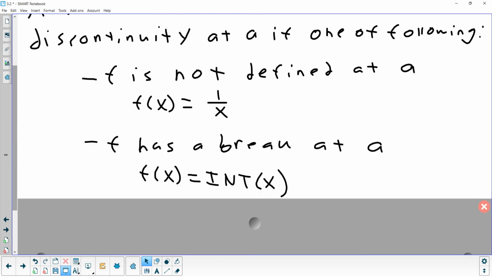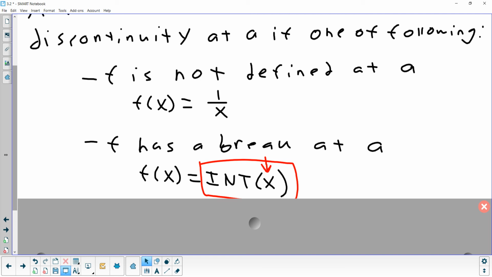The other way you can have a discontinuity is if you have a break. And this occurs in the integer function just because of the way we round. The greatest integer function means tell me the biggest integer you can think of that's less than or equal to what you plug in right there.